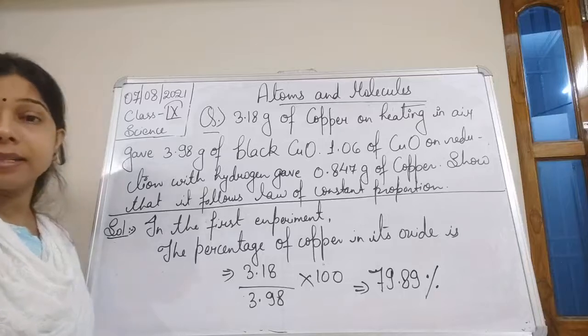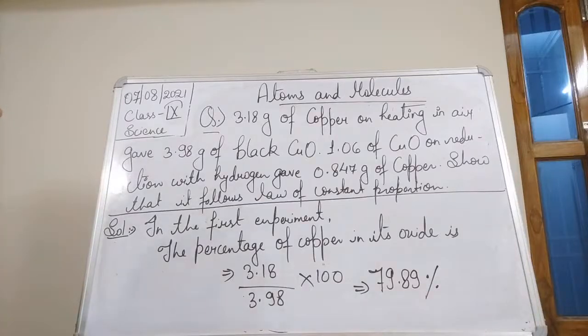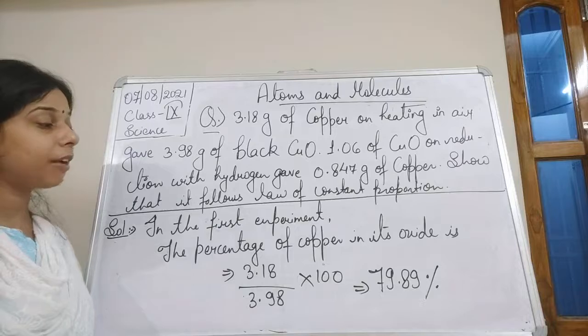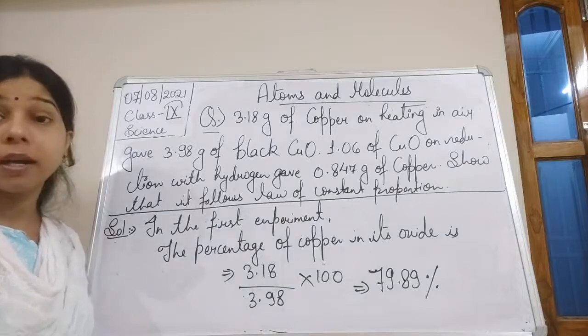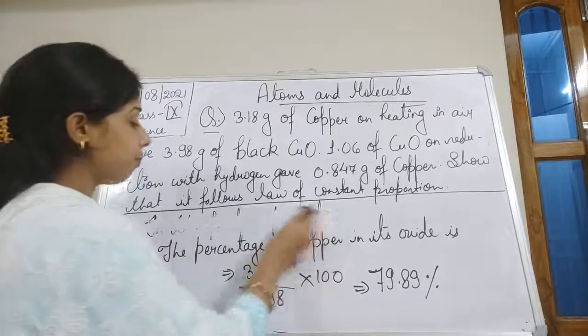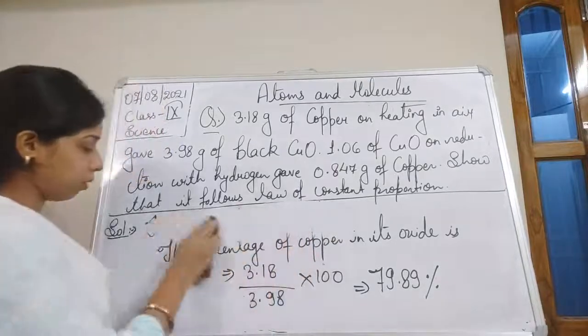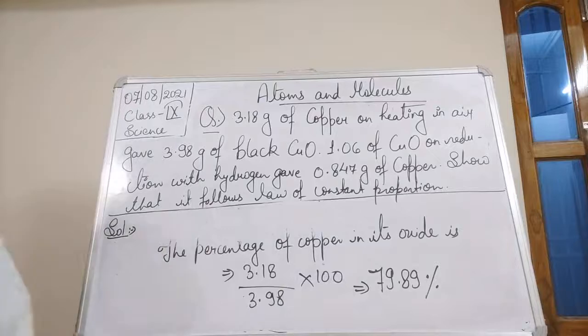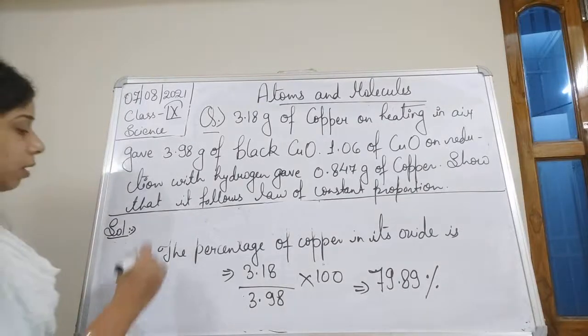Okay, student, this is for the first experiment, in which we have found the percentage of copper in its oxide. Now, in the same way, we can find the percentage of oxygen in copper oxide.